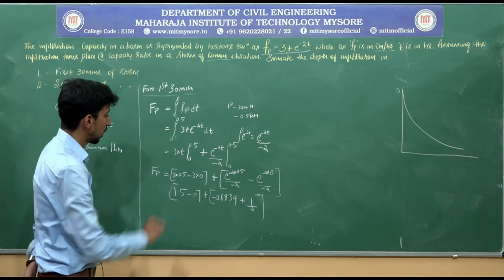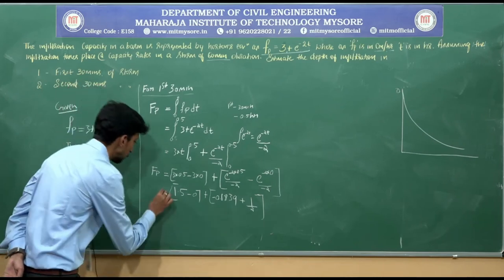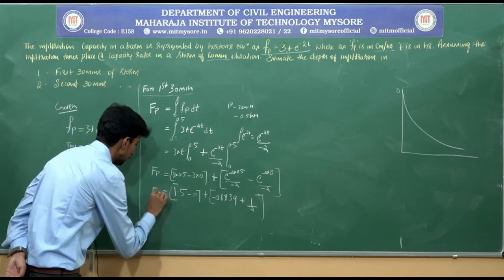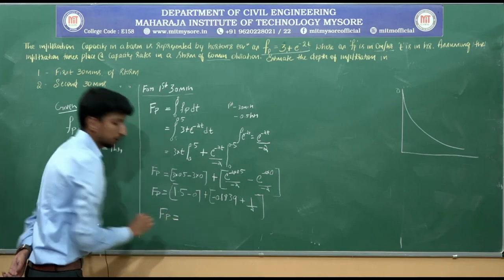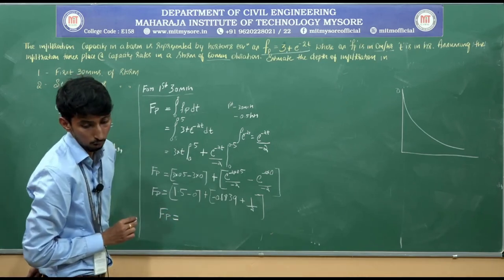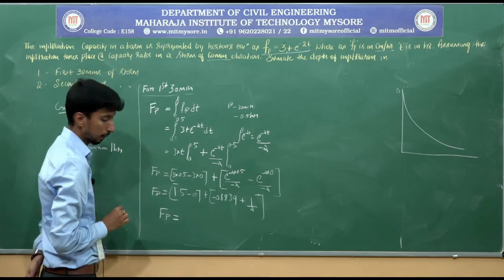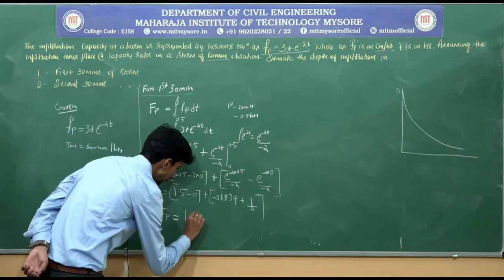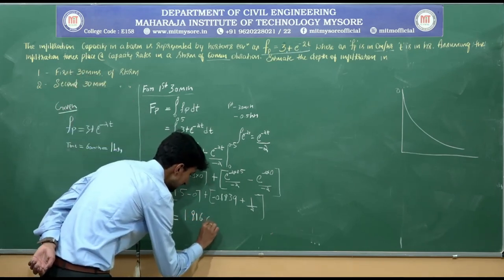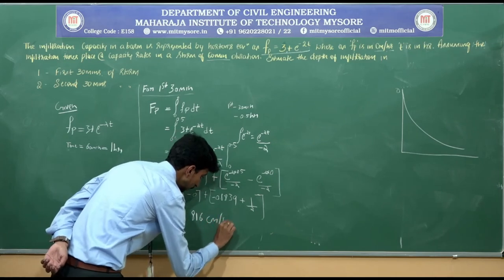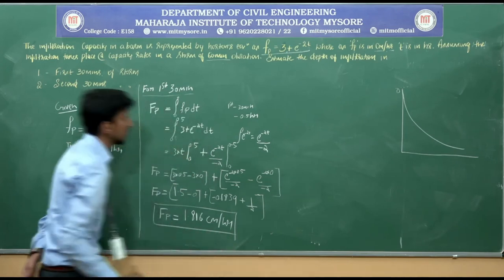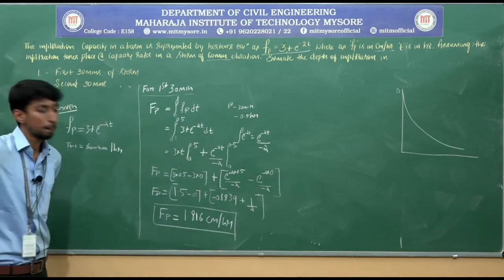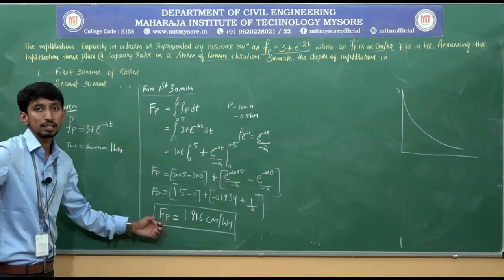If you substitute this value, you will get the total Fp value. What is the total Fp value? 1.816 centimeter per hour. 1.816 centimeter per hour is the infiltration capacity at first 30 minutes.